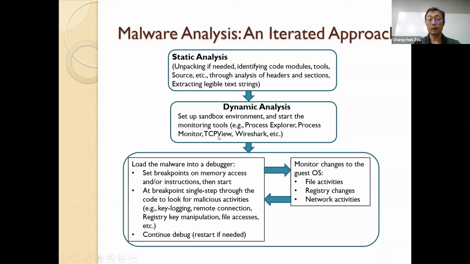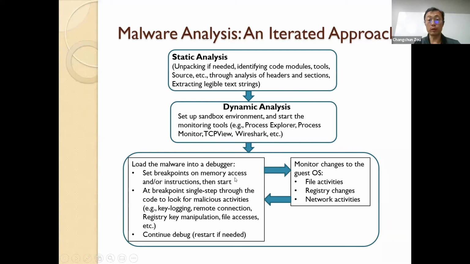use something like Wireshark to check its network activity, TCPView to see what kind of network connection it's trying to open, and some other tools, like strace, to find out what system calls have been used by this program. Then you load the malware in the debugger.